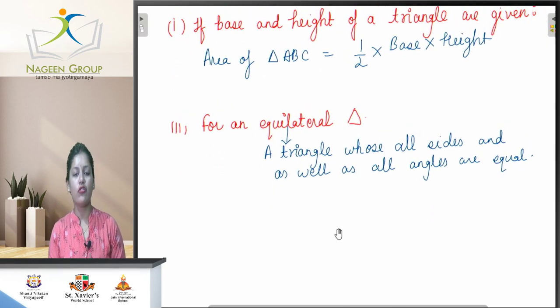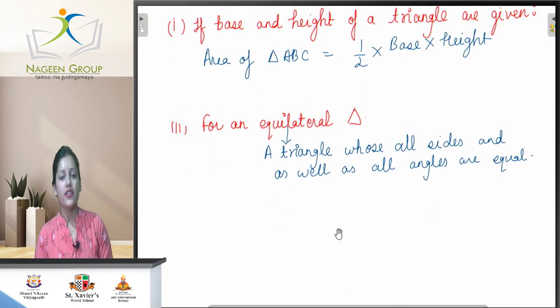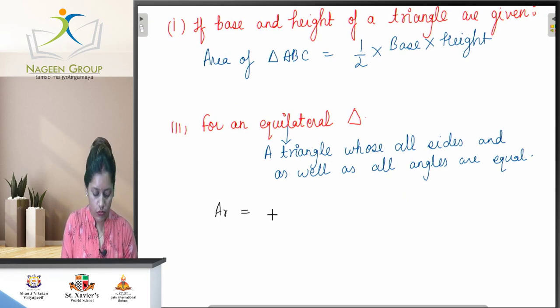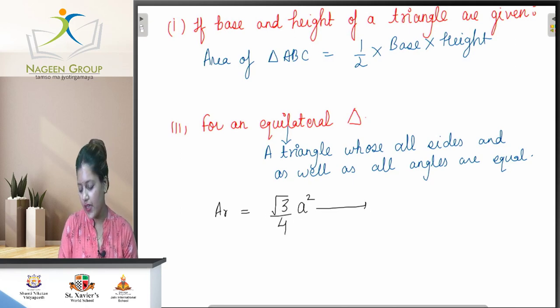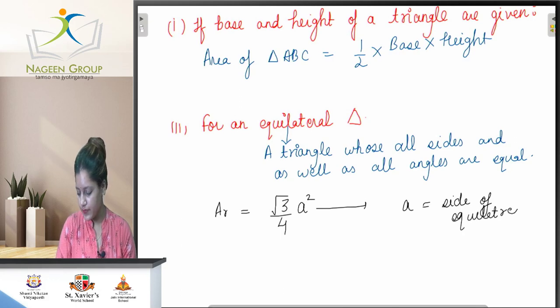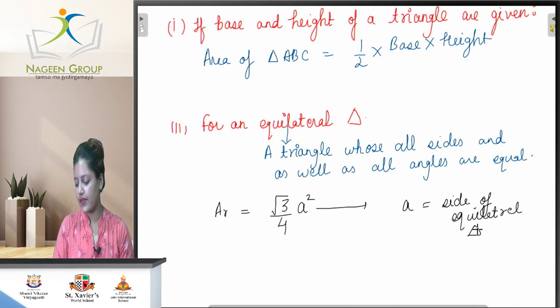So, if an equilateral triangle is given, then the area of the triangle is equal to root 3 by 4 a square, where a is the side of the equilateral triangle.